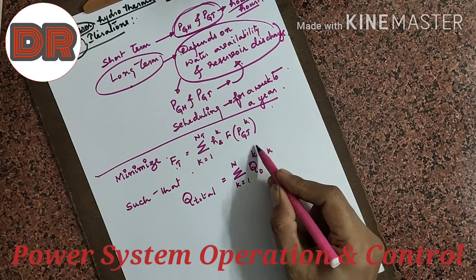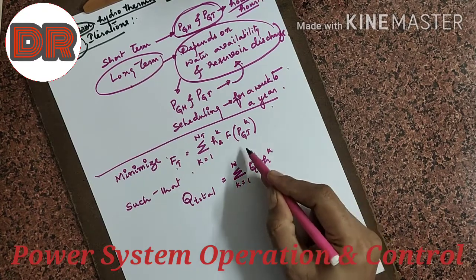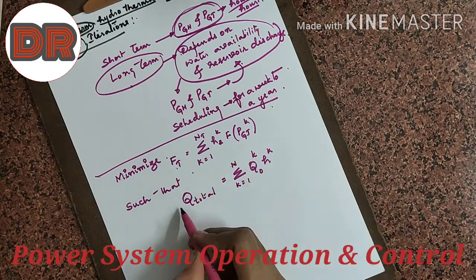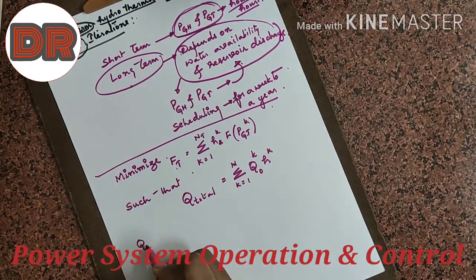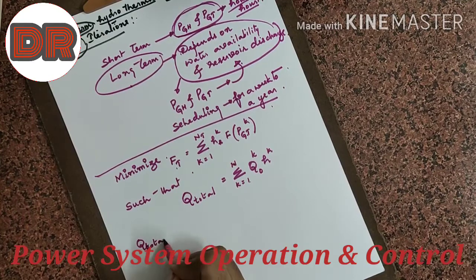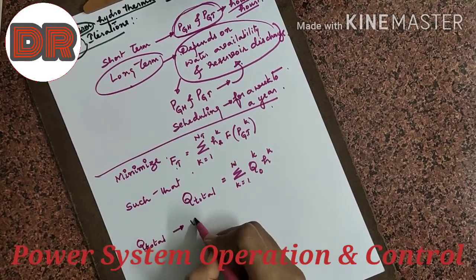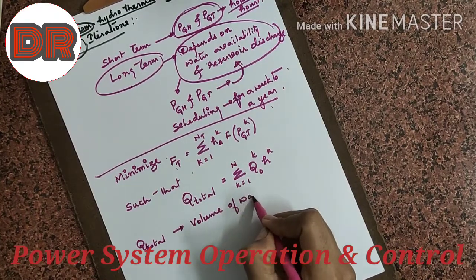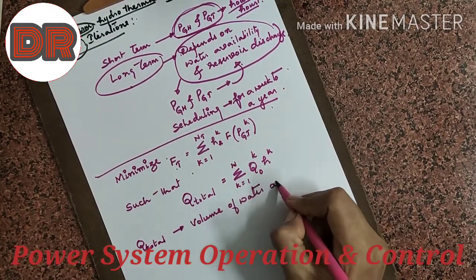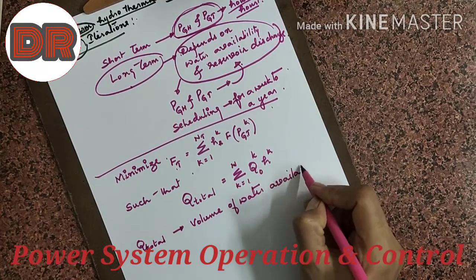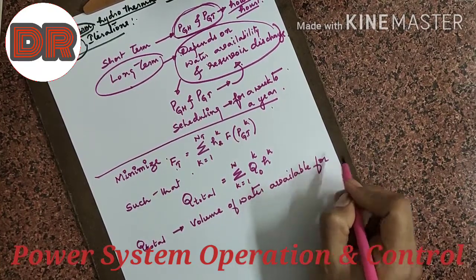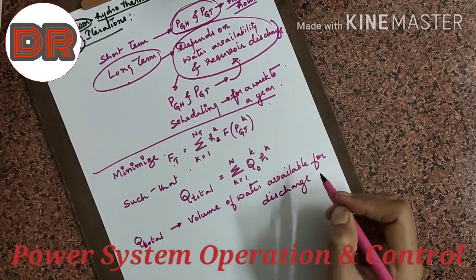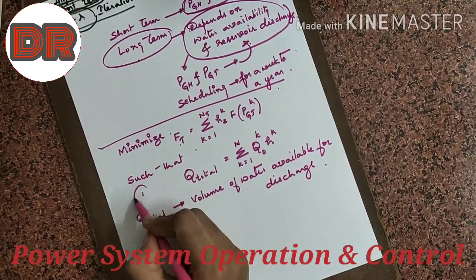And what does this give? This gives the total volume of water available for discharge, where Q total is the volume of water available for discharge. So we have written one constraint for the hydro plant.